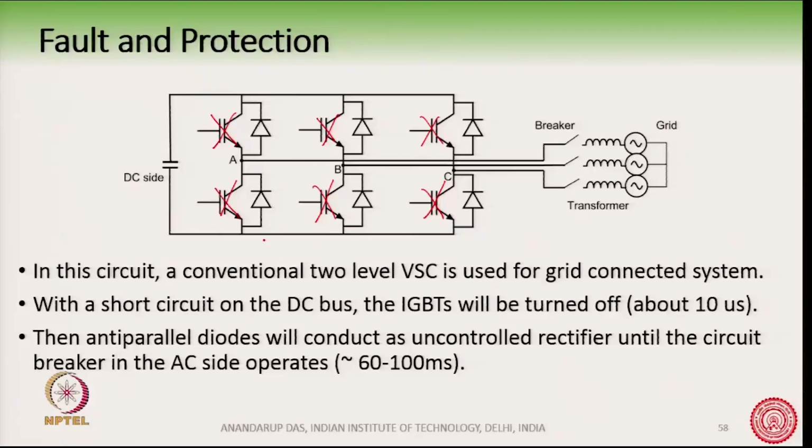There can be also a situation where, suppose the DC bus itself is shorted. Okay. The DC bus itself is shorted due to some reason, and also during that point of time the situation can happen that the grid is feeding to an uncontrolled rectifier with its DC bus shorted.